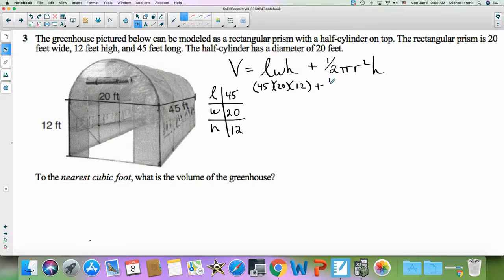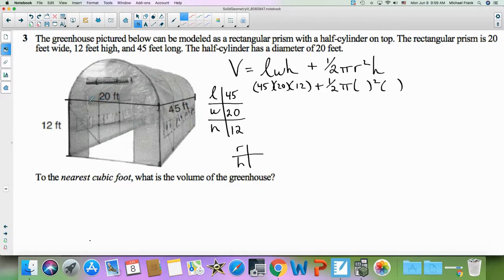And then we get to here, and there's only two variables that we need: the radius and the height of the half cylinder.